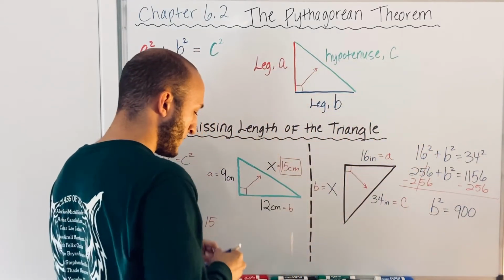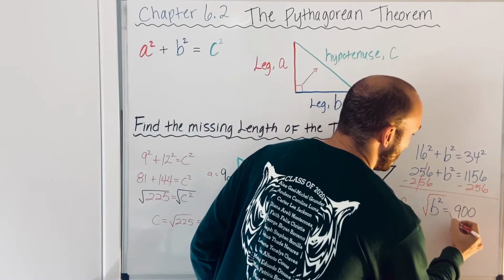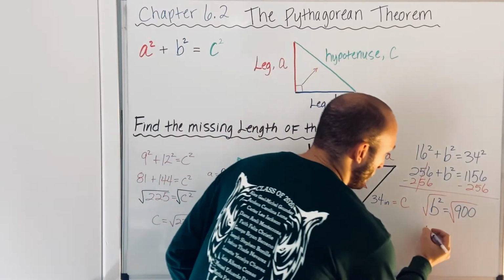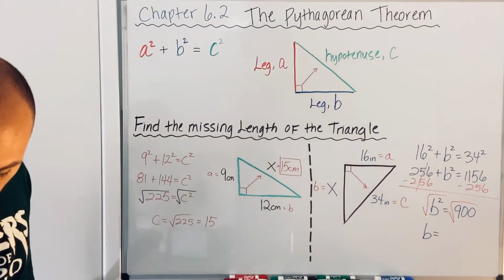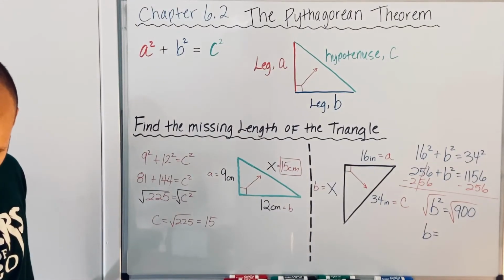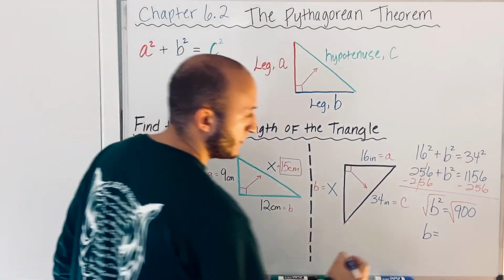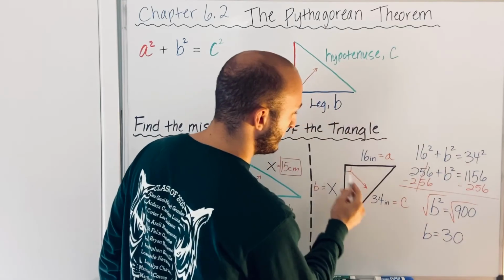We're going to take the square root of both sides because I want to know just B, not B squared. So B equals the square root of 900, which is 30. And this is in inches.